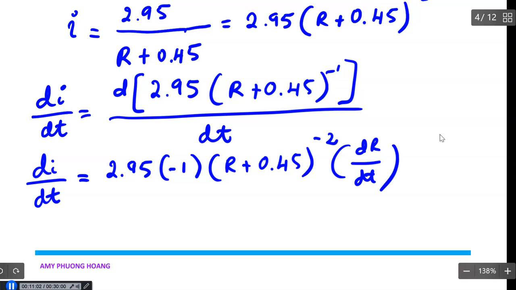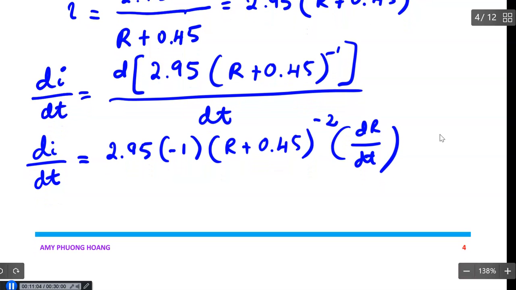Now I am going to substitute R equal to 9 into this equation, and substitute the dr over dt, which is given to me as 0.0597 ohms per minute, to figure out di over dt.